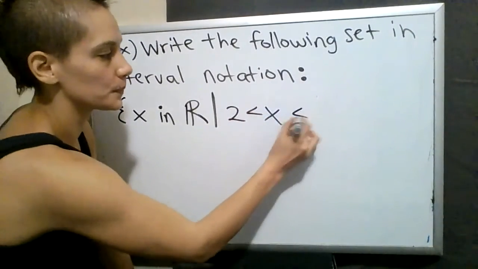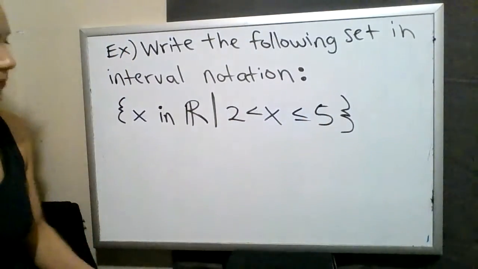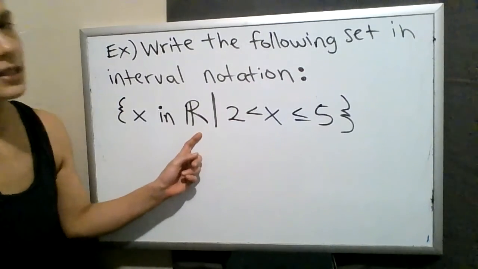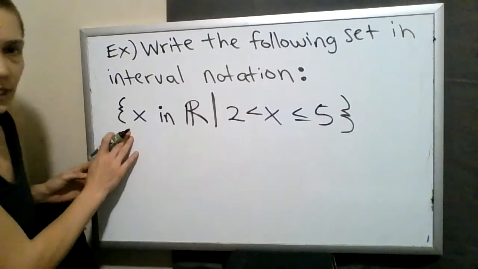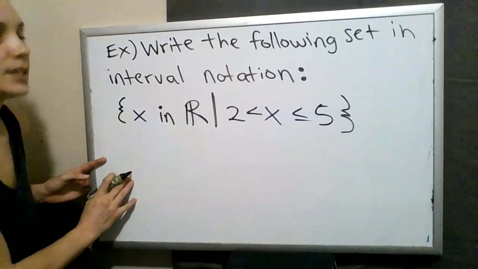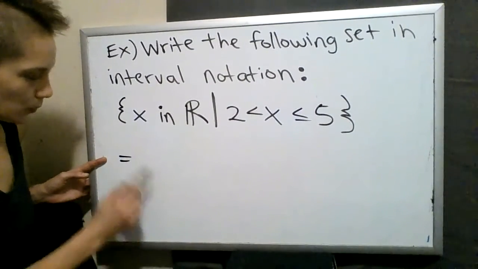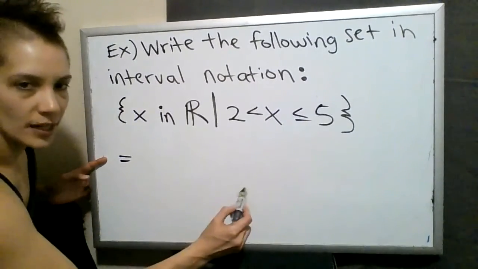And then close the set. So x is in the universe of all real numbers. I will use a graph to help switch from this set to interval notation. We'll put interval notation here and a graph over there.